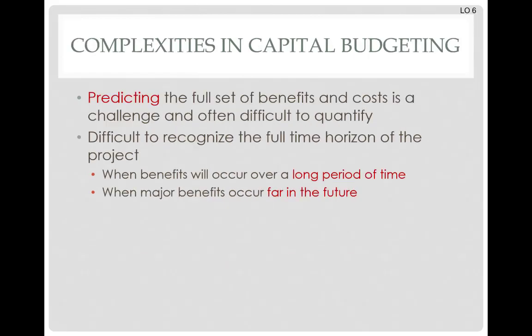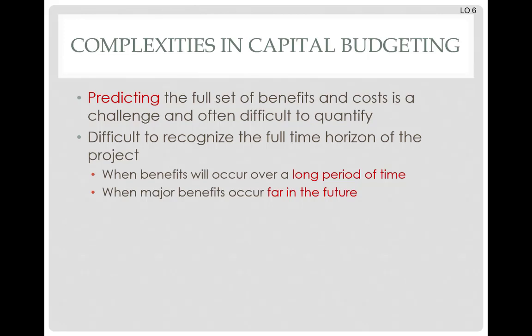Finally, the last couple of things that we'll talk about here. It's difficult to predict the full set of benefits and costs, right? When you're looking at a capital project, it is very, very difficult quite often to think about, well, how much is this really going to save me in year 6 or year 5? It's also difficult to project what the full time horizon of a project will be.